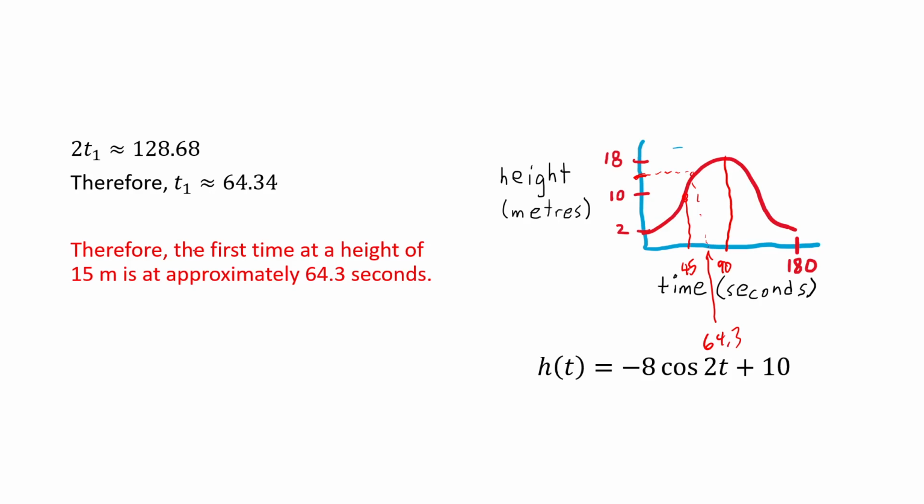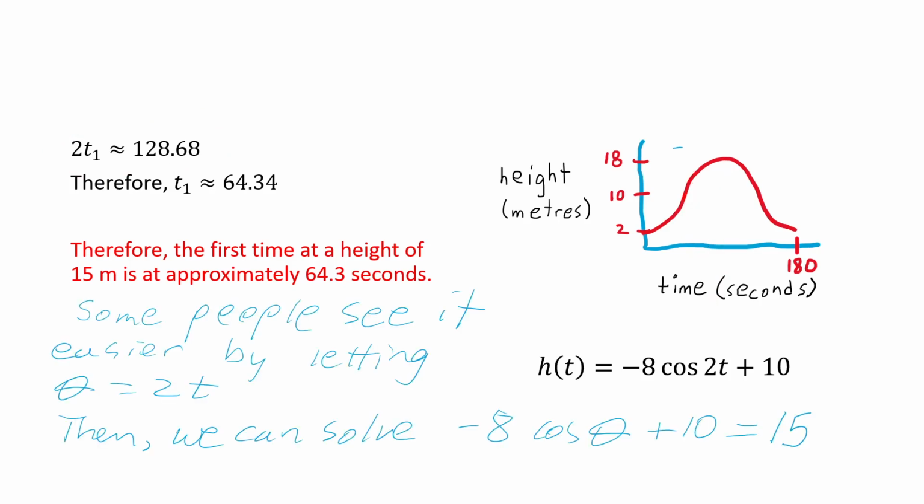Now, some people don't like saying 2t1 is 128.68. They find a little bit of difficulty in saying the angle is 2t. So for some people, and there's nothing wrong with this, what they do is they say, let theta be 2t.